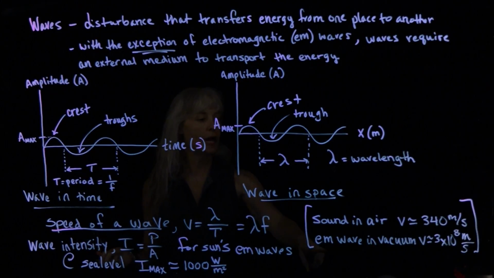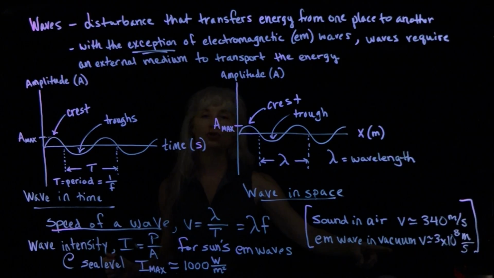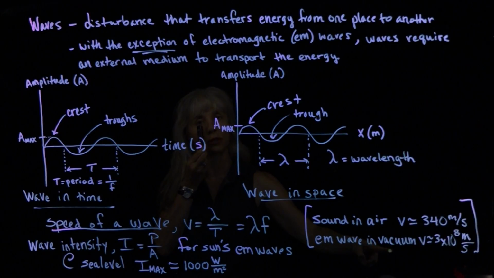Juxtapose that with the electromagnetic wave that is traveling in vacuum. For example, the waves that carry energy from the sun to planet Earth. Those are electromagnetic waves, some of which, and most actually, that we can see with these detectors in our eyes, called the light part of the electromagnetic spectrum.